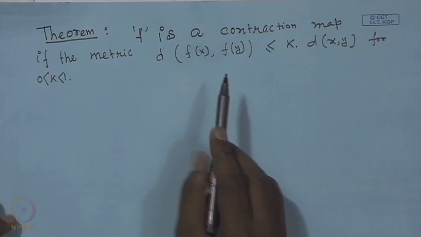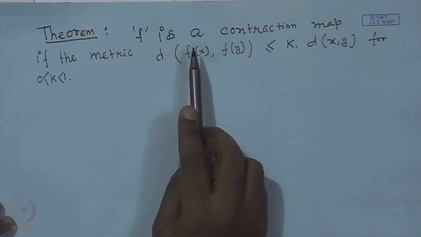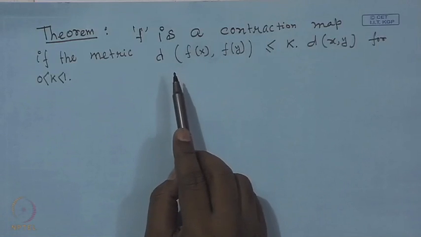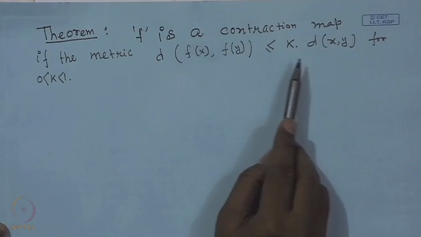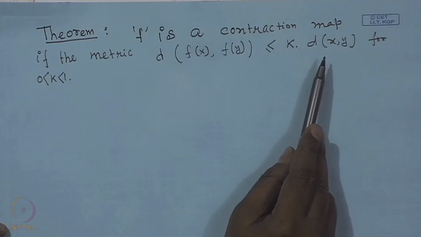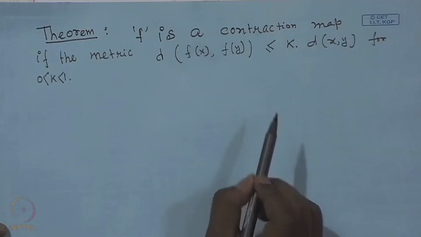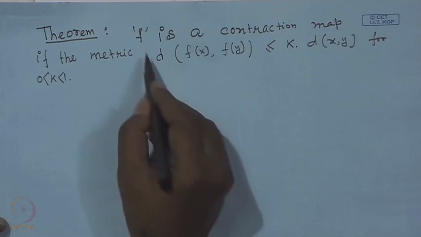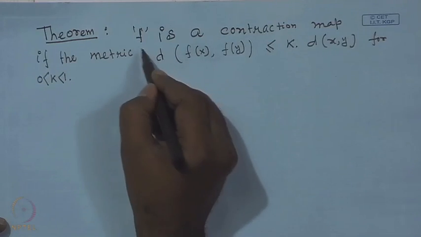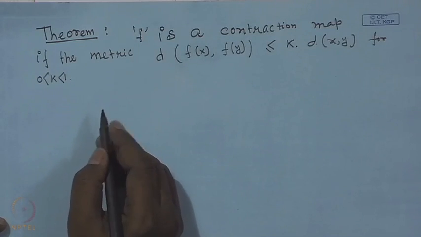So, we should call the map f a contraction map if the metric between f x and f y is less than or equal to k times the metric between x and y, where k is a fraction. If this relationship is obeyed, then this map f is called a contraction map.